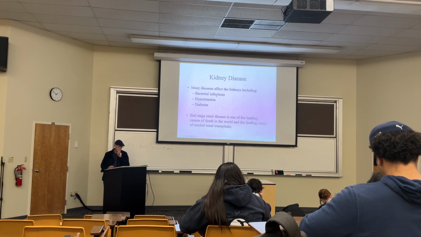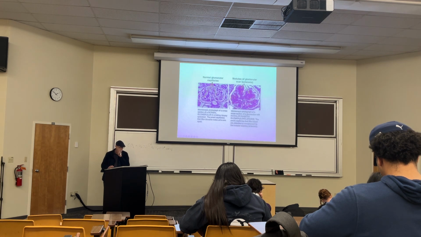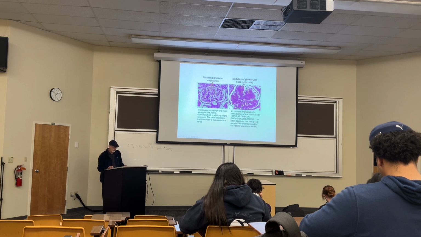Bacterial infections can also mess with your filtration barrier. You don't need to memorize this, but this is just a quick picture of a normal glomerulus to your left and an abnormal one from a patient with diabetes on your right.